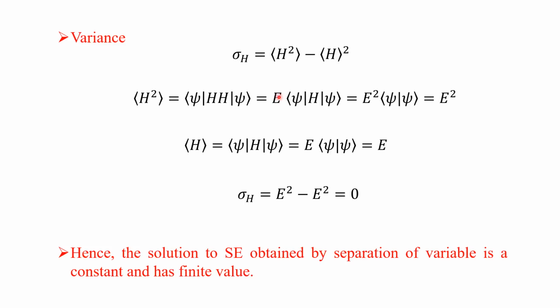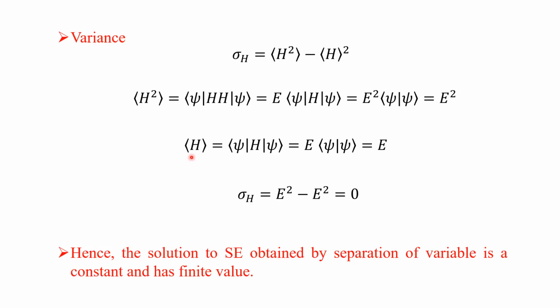So this becomes E <psi|H|psi>. Then again, when H operates on psi, you get the energy eigenvalue E, which gives E squared times the inner product of psi with psi. Due to the orthonormal property, psi with psi is equal to 1. So the expectation value of H squared is E squared. The first term is E squared.